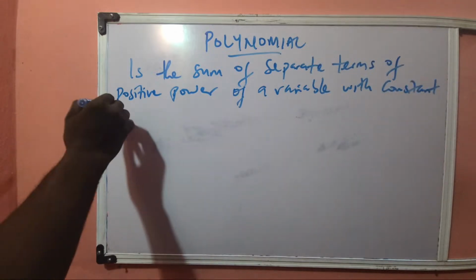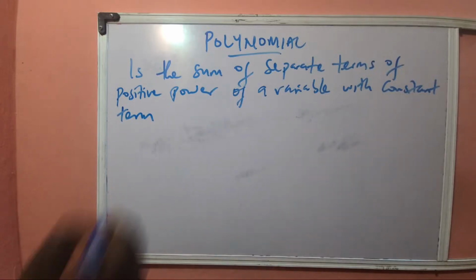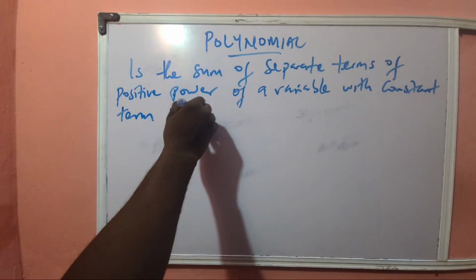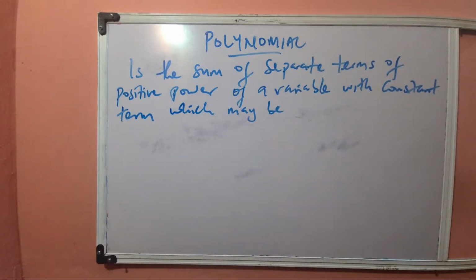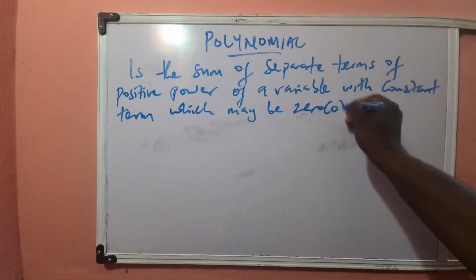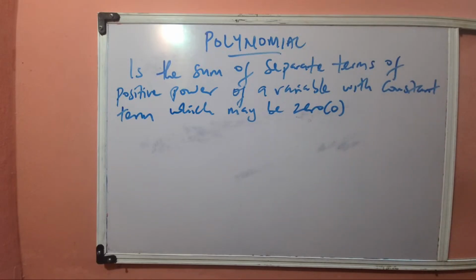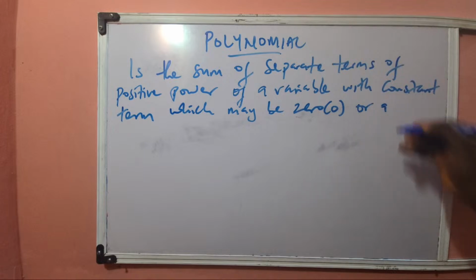Every part of this definition, you need to pay real attention to, which may be zero. That means the constant term may be zero. I believe at the end of these classes on polynomials, you should become a professional when it comes to solving polynomials, or a polynomial function.